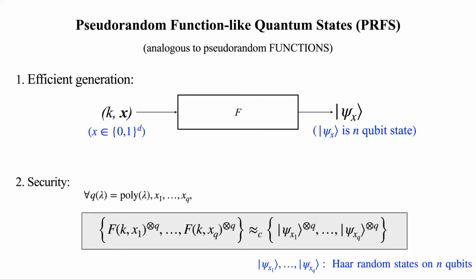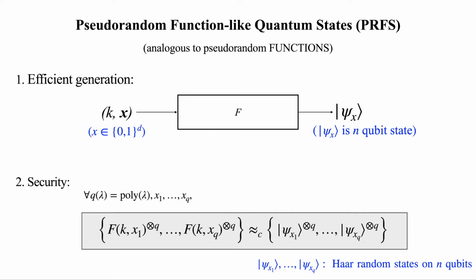In terms of security, what we require is that even if I give you Q copies of PRFS states evaluated on Q inputs, then they should be computationally indistinguishable from Q copies of independently chosen Haar-random states. I'm using the same Q to denote the number of inputs and also the number of copies.